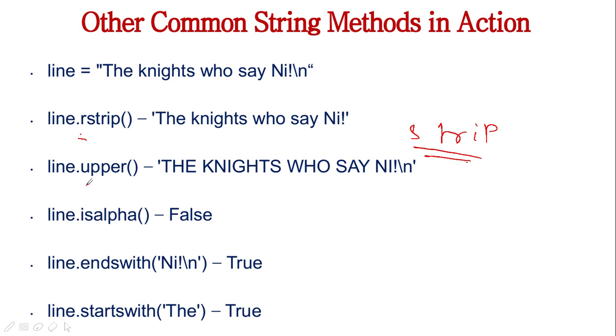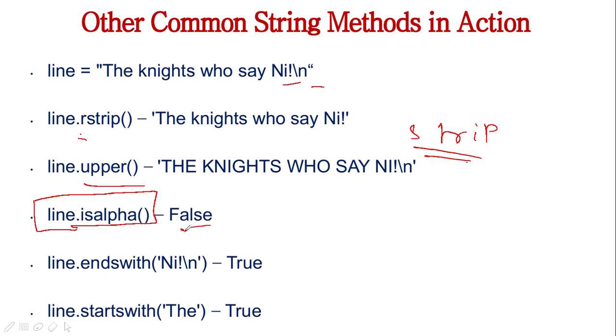And then we have functions like upper. When you use this function, all the characters in the string will be converted to uppercase. Similarly, lower can also be used. Then you can check whether all the characters present in the string are alphabets. For example, in this string there is an exclamation mark and a new line character, and these are not alphabets. Alphabets are only A to Z in uppercase as well as lowercase.